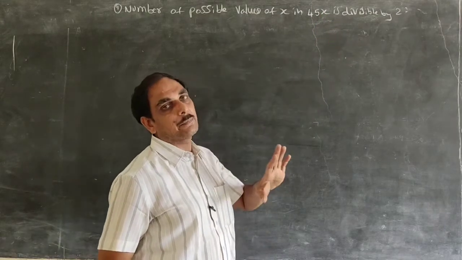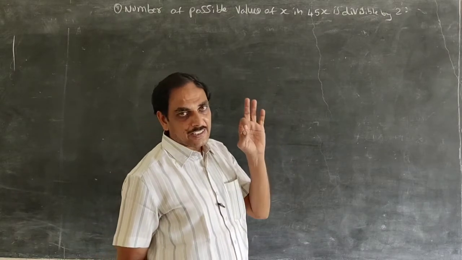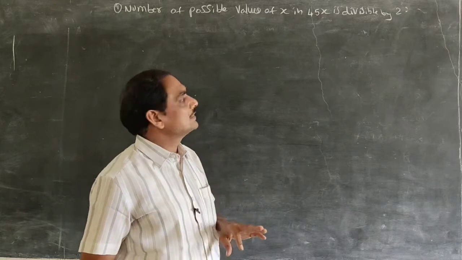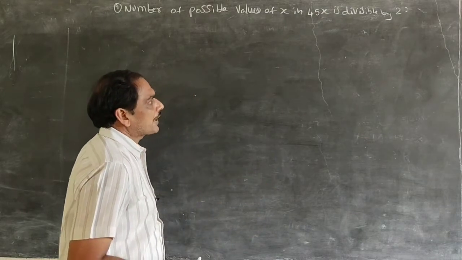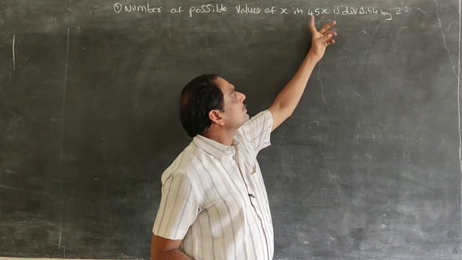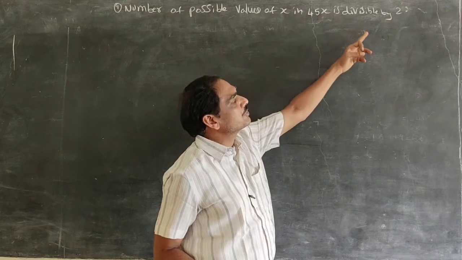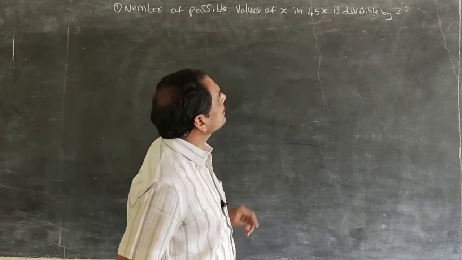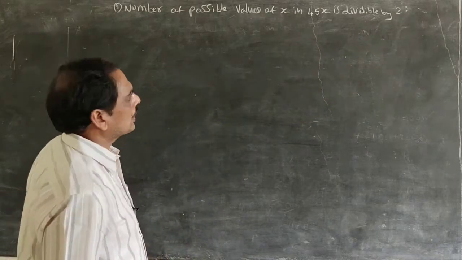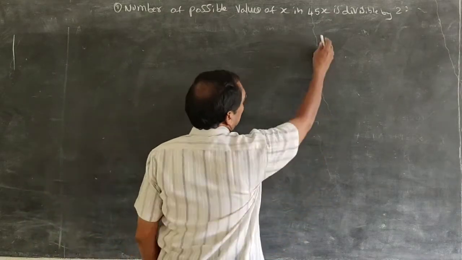So, we must replace x by a single digit number, that is from 0 to 9 only. So, from 0 to 9, we substitute in the place of x, which value of x is divisible by 2.